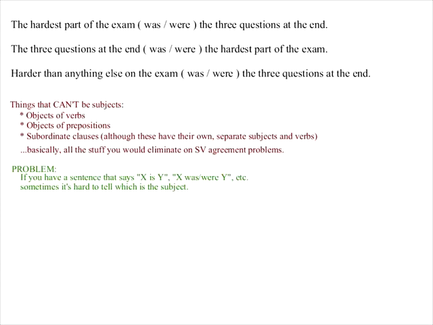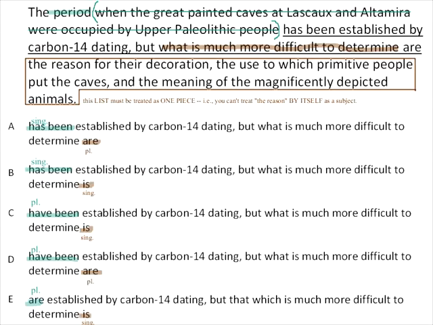For example, in the previous problem, the majority of you misidentified the subject, because we have what is much more difficult to determine is blah blah blah, and a lot of you, if not most of you, thought the blah blah blah was the subject.